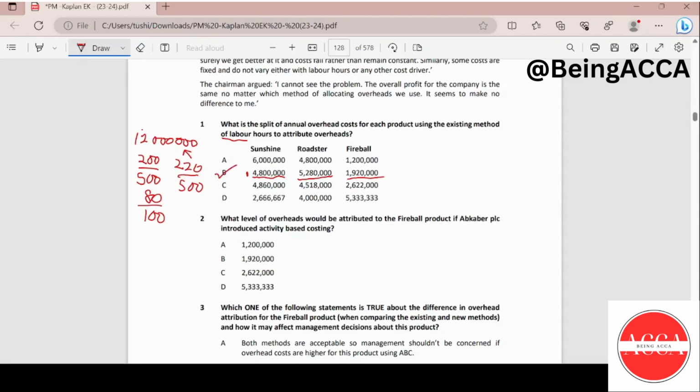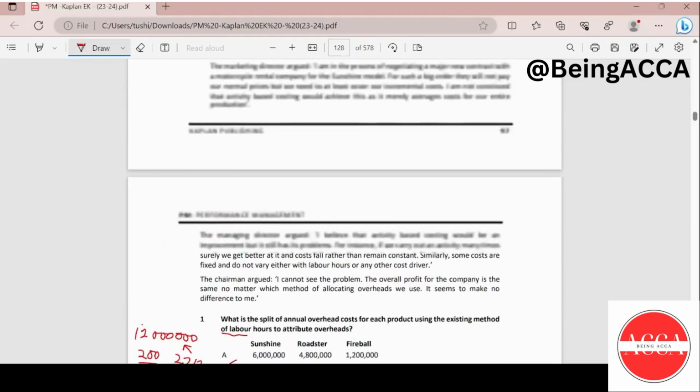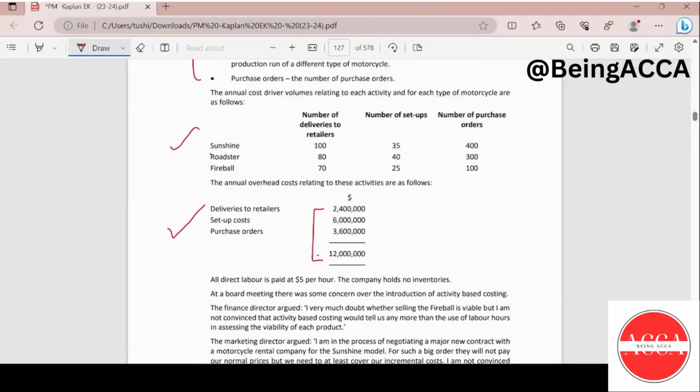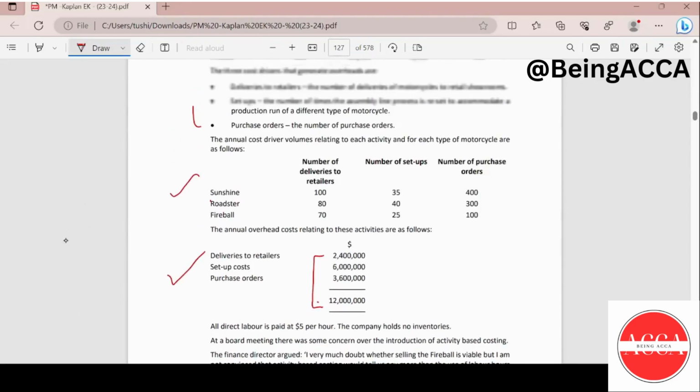Moving on to the next question, what level of overheads would be attributed to the Fireball product if Abkaber PLC introduced activity-based costing? For this we need to find out how much of the total costs incurred is for the Fireball product. The drivers: deliveries to retailers, this cost is caused by the number of deliveries of motorcycles to retail showrooms.